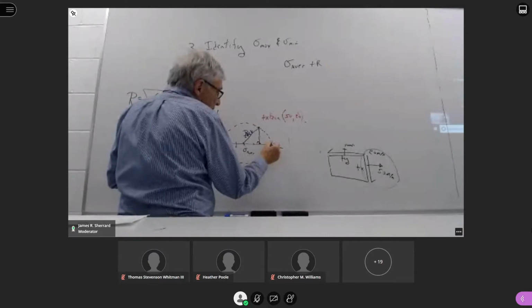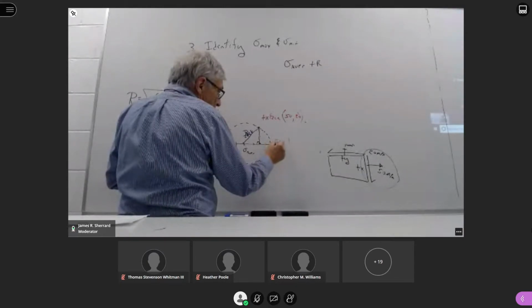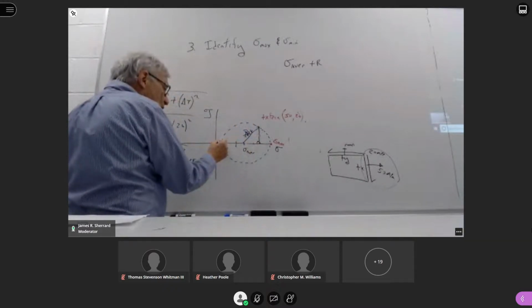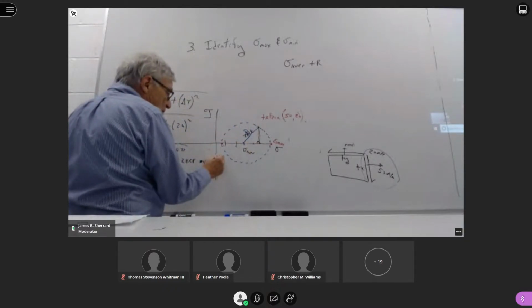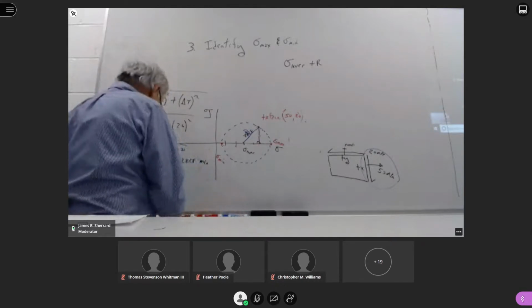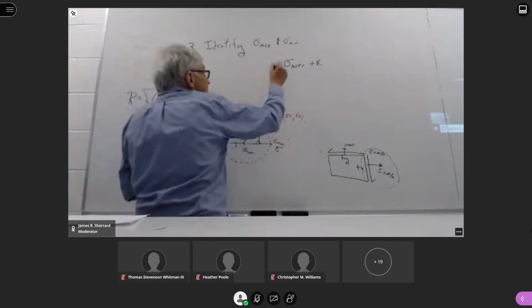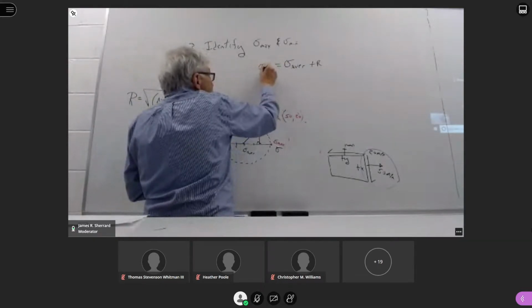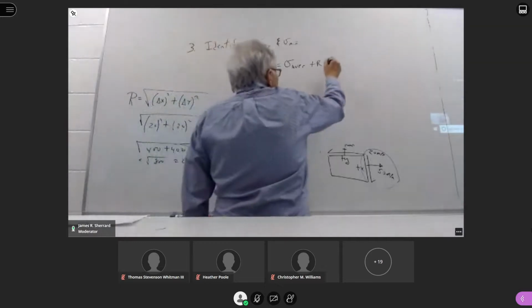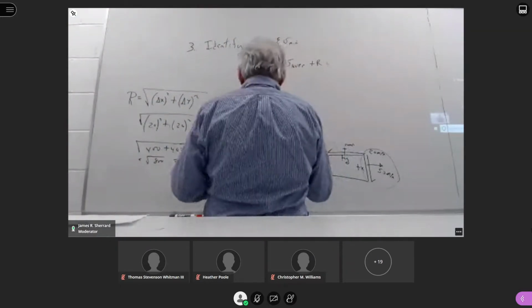So this point is sigma max. If I rotate it all the way back the other way, this value is sigma min. So sigma max is equal to the average plus R.